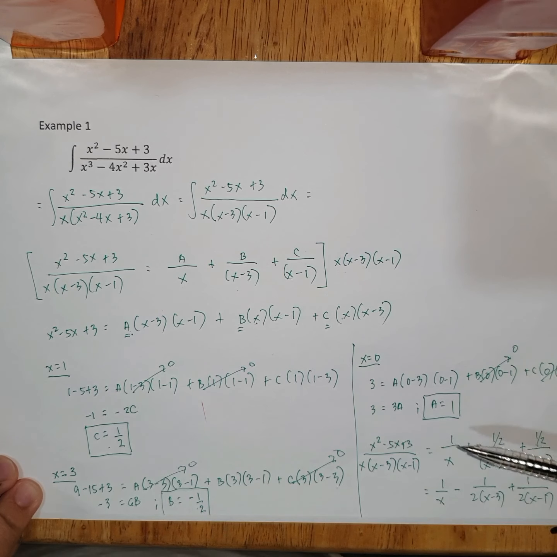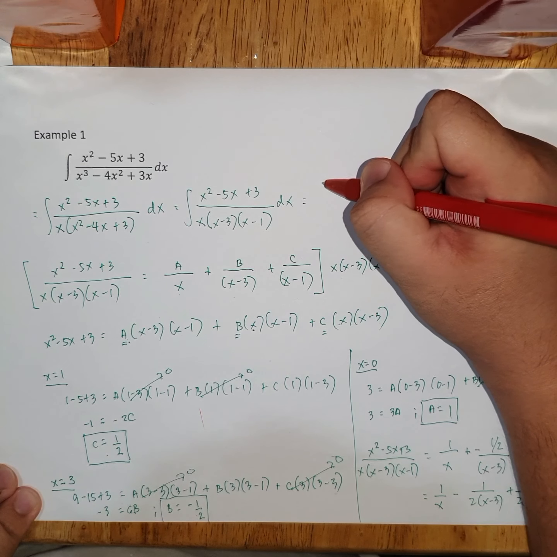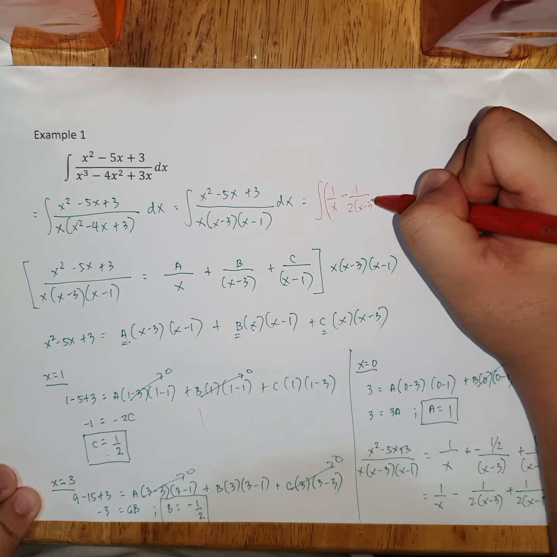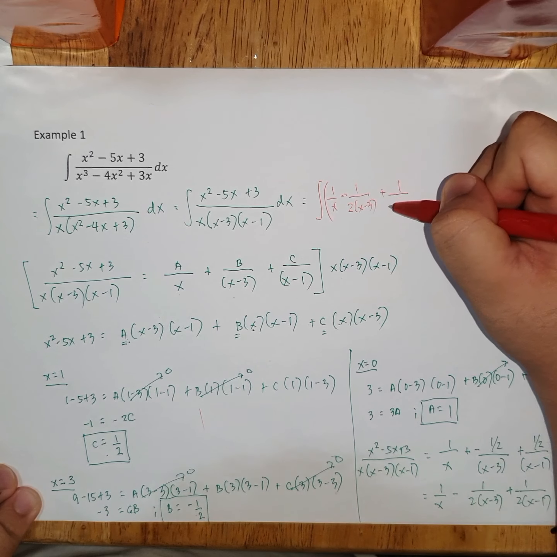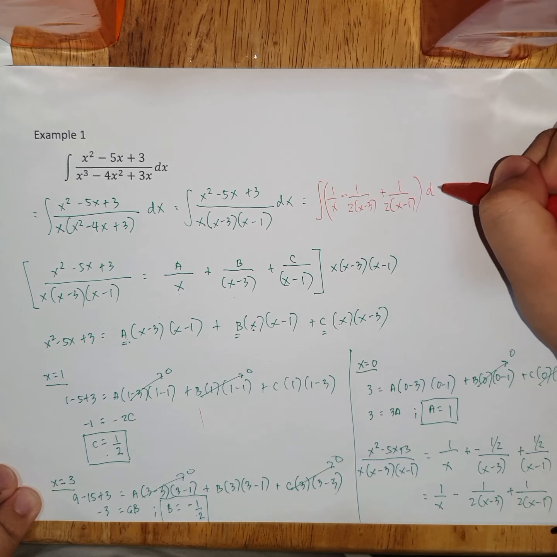So ibig sabihin, para ma-solve natin yung integral, itong original natin na equation, pwede nating substitute to. So balik tayo dito. Okay, so pagpunta natin doon, yung original natin, pwede natin gawing integral of 1 over x, parenthesis, minus 1 over 2 times x minus 3 plus 1 over 2 times x minus 1 parenthesis dx.